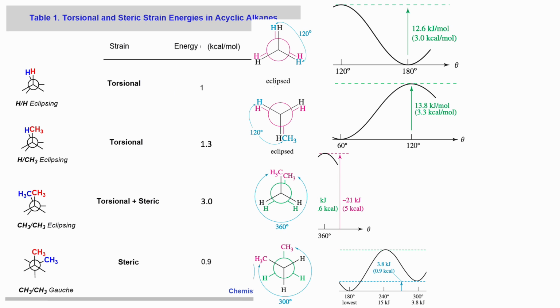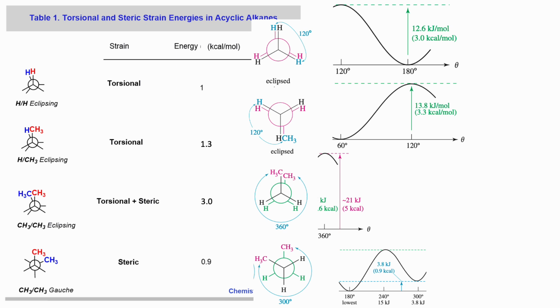Next we can see propane. In propane, we have a methyl-hydrogen eclipsing interaction. Again, that methyl group and the hydrogen are too far away from each other to be bumping into each other, causing steric hindrance or steric strain. So in this hydrogen-methyl eclipsing interaction, it's only torsional strain that's occurring here. But because the methyl group is a bit bigger than the hydrogen, that torsional strain is a little bit higher.